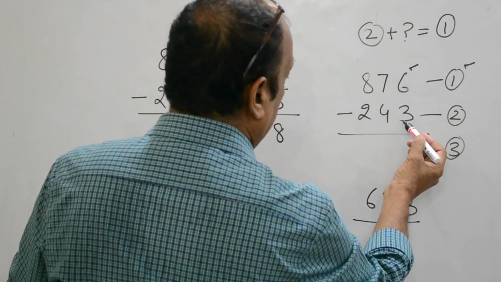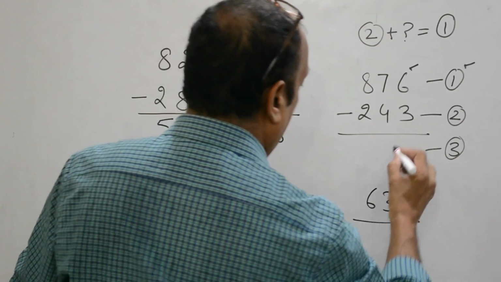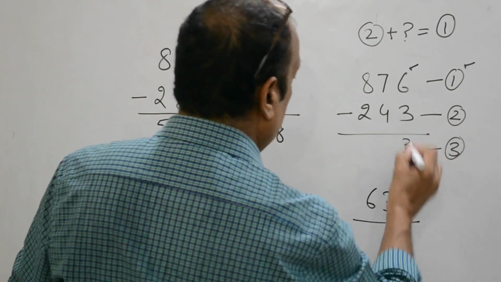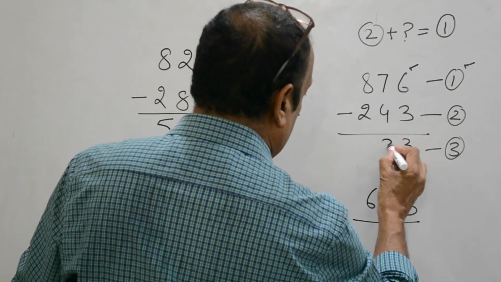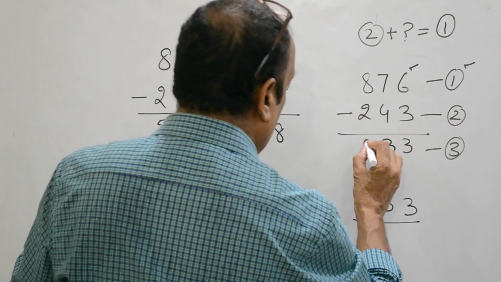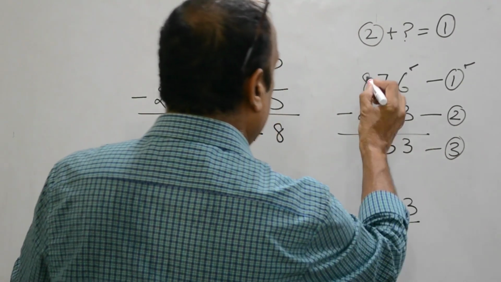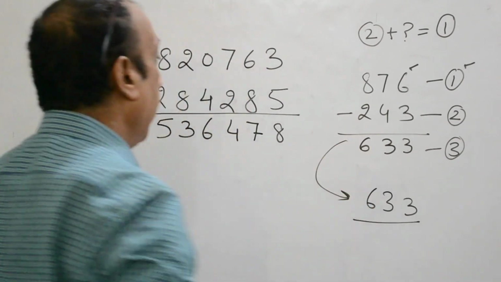How much should I add to this 3 so that it becomes 6? I should add 3. In 4, I should add 3 to make it 7, and similarly in 2, I should add 6 to make it 8. Our answers are the same.